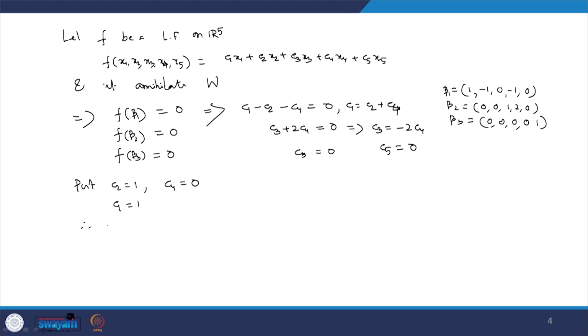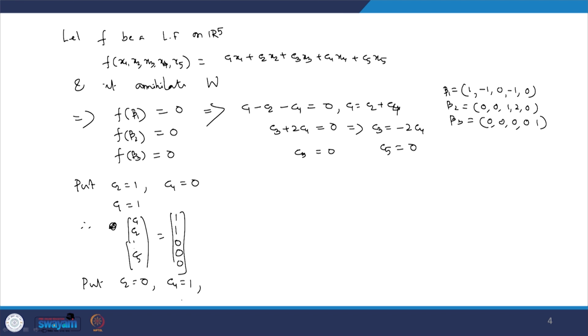So, this implies I will have one set: C1 equal to 1, C2 equal to 1, C3 equal to 0, C4 equal to 0 and C5 equal to 0. And for the other one put C2 equal to 0 and C4 equal to 1.